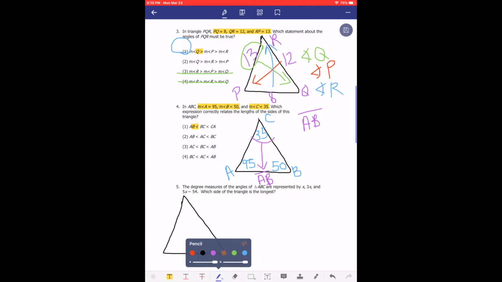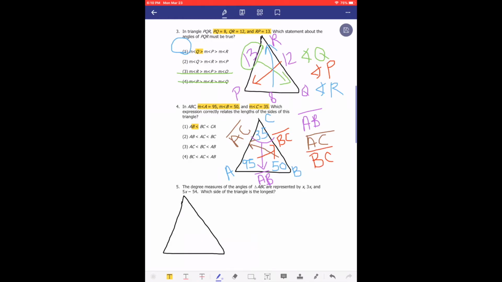My next smallest angle is that 50, which is angle B. If I go opposite, I'm at AC. And the last one, the side opposite our largest angle, that would be angle A. This side we can call BC. So that's our order. We're looking for AB is less than AC, which is less than BC. That is choice 2.